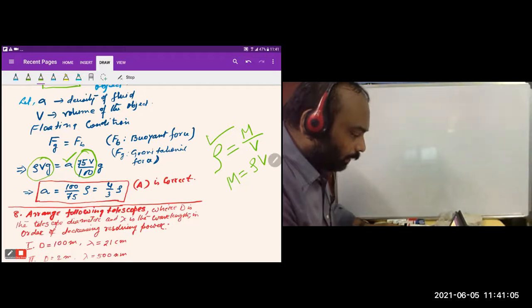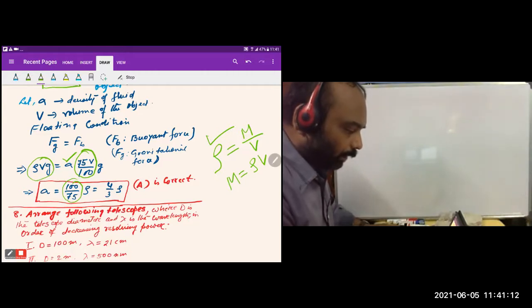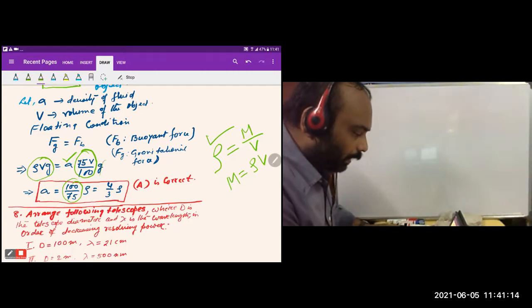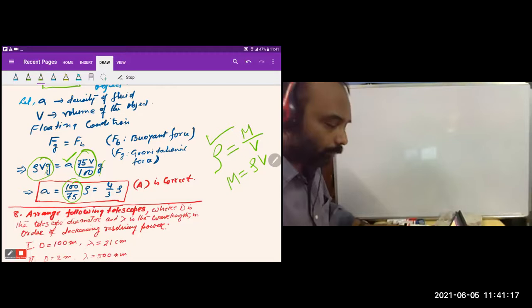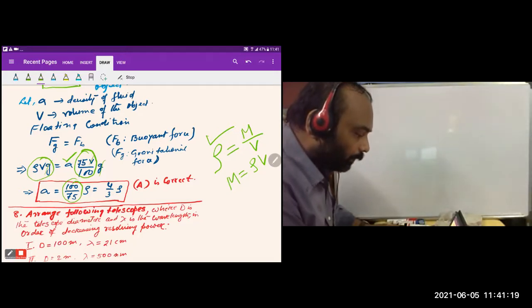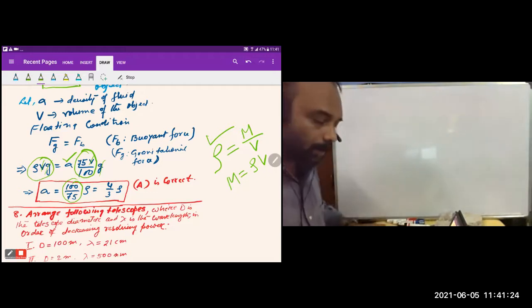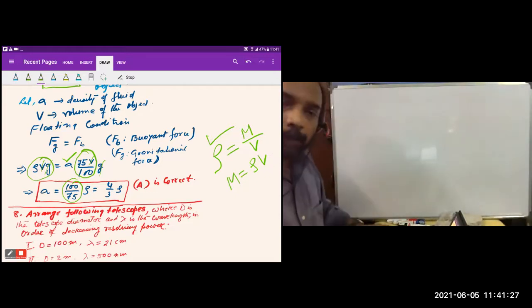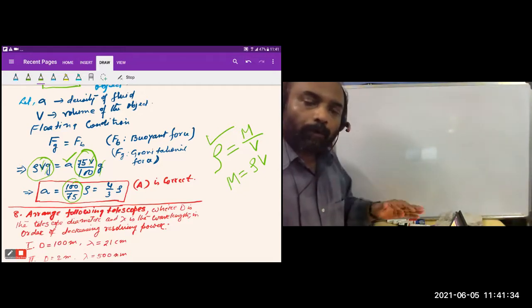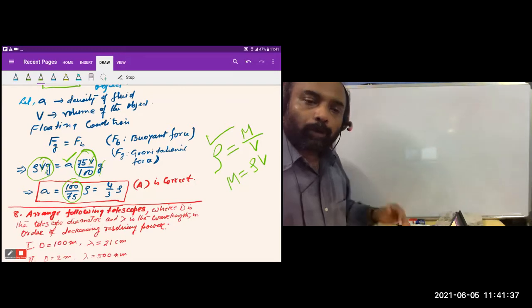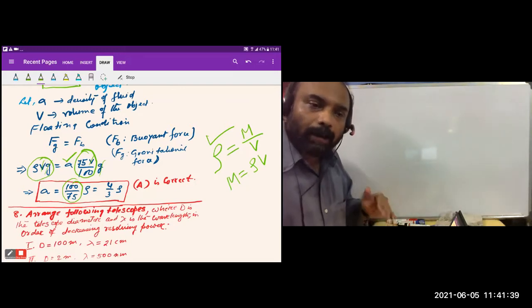Therefore, sigma is equal to 100 by 75 times rho, because g will cancel out. V and V from the left hand side and right hand side will cancel out. Therefore, sigma is equal to 100 by 75 rho. That gives me 4 by 3 rho. So option A is correct.